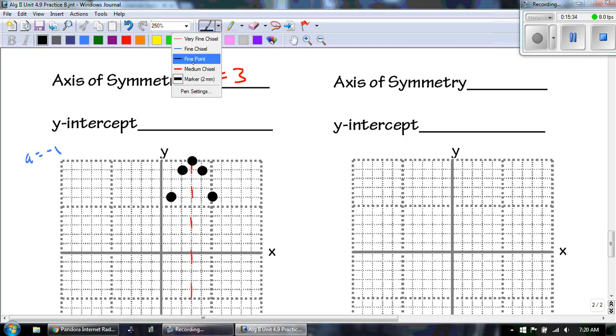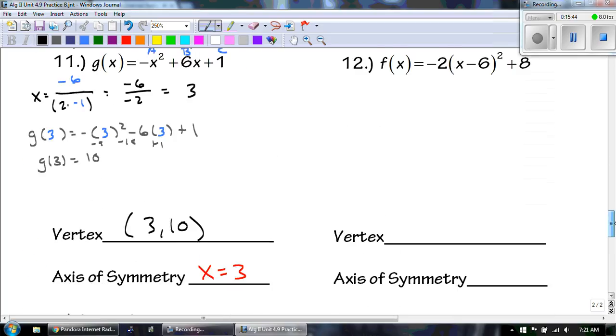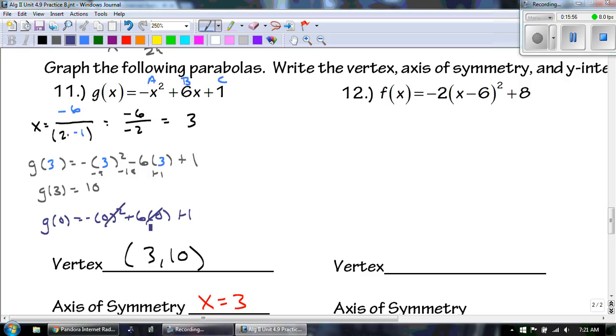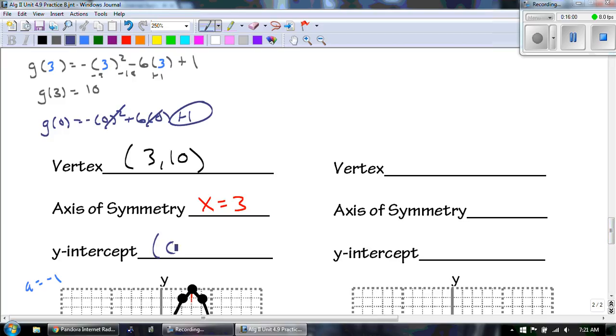And I do not see my y-intercept, so I have to plug in 0. Okay, so we come back up here. We would say g of 0 equals negative 0 squared plus 6 times 0 plus 1, and then we get 1 is our answer. So 0, 1.